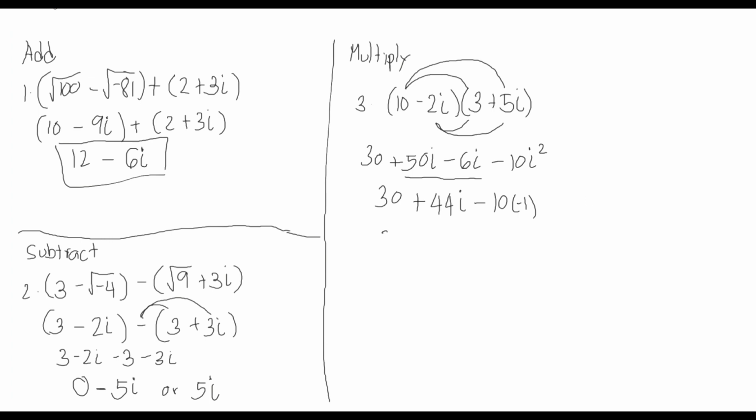And then, simplify again. 30 plus 44i plus 10. Paano siya naging 10? You have negative 10 tapos multiplied by negative 1. That's negative 10 times negative 1 is positive 10. Then simplify mo yung dalawang whole number. That's 30 plus 10. You have 40 plus 44i. So this will be your answer.